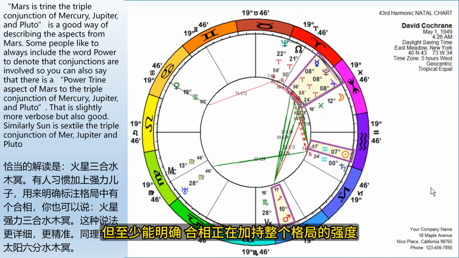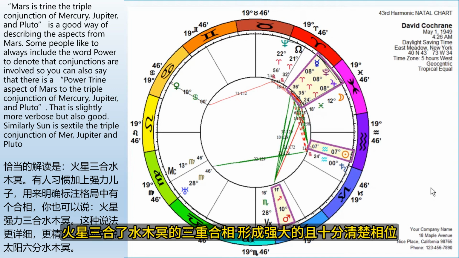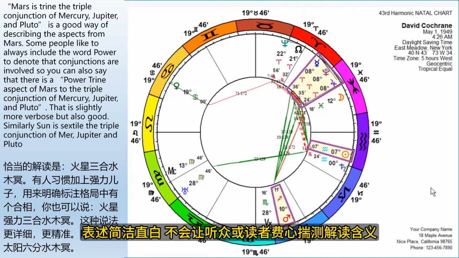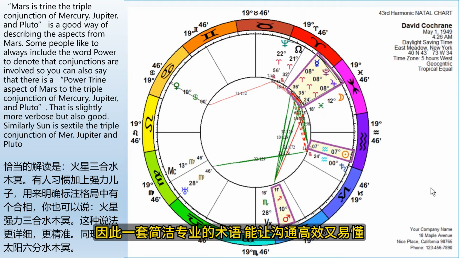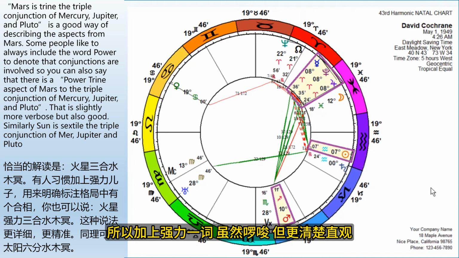So a power trine aspect of Mars to the triple conjunction of Mercury, Jupiter, and Pluto is extremely clear and straightforward. It doesn't have the person listening or reading what you're saying having to think about it a lot. What are you saying? What's going on in the chart? So having nice terminology where we can communicate quickly and easily is helpful. So adding the word power is one more word, slightly more verbose.